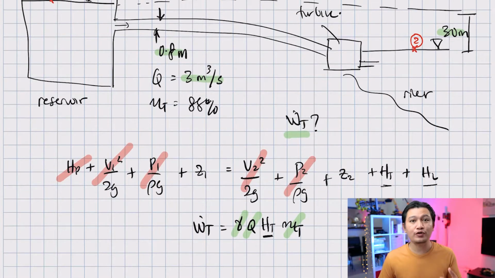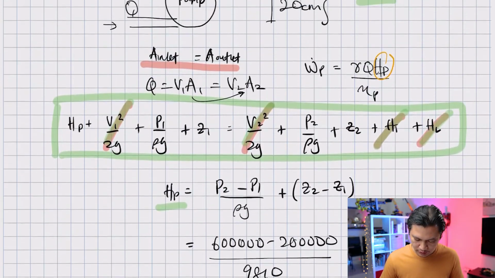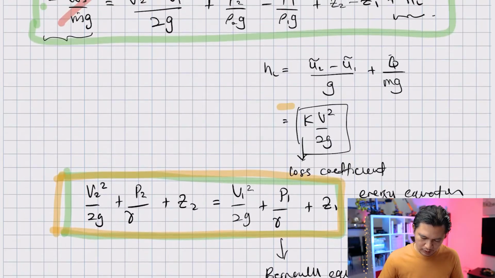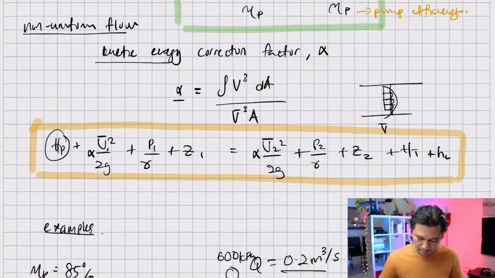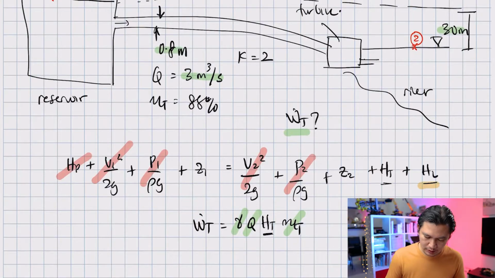There is actually some information about H loss. The question gives you information like K equal to 2, and if you remember, HL is actually kV square over 2G. So definitely HL is inside this pipe.